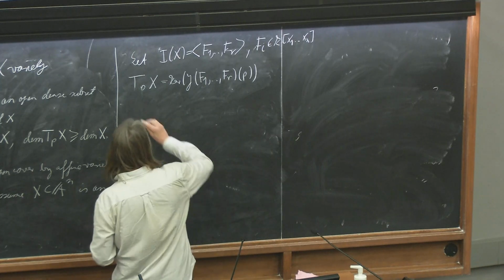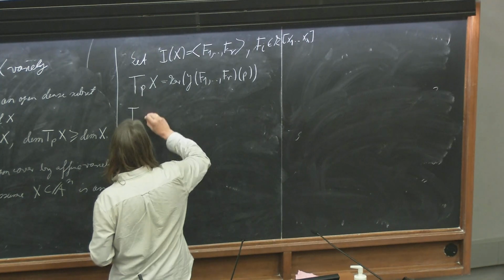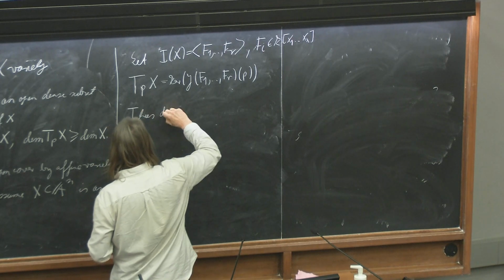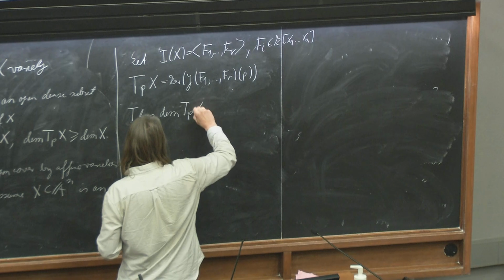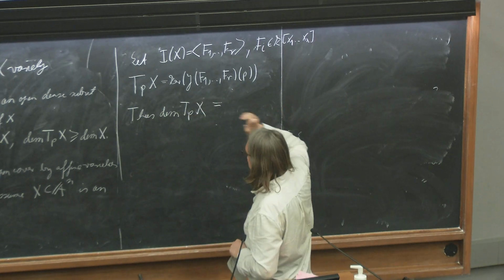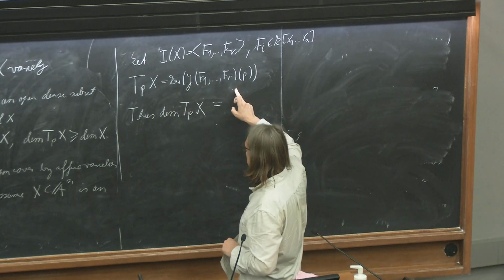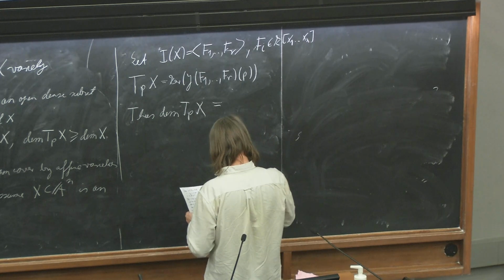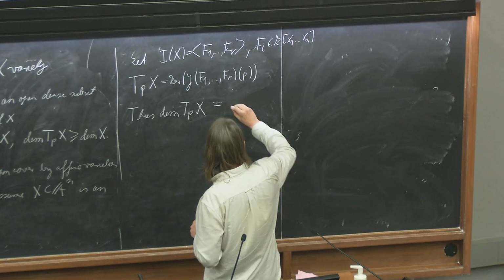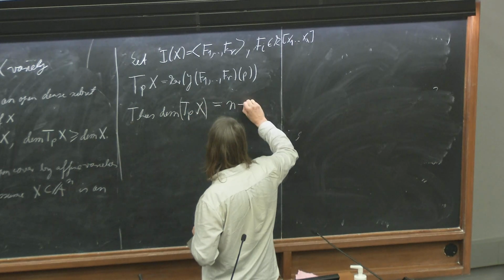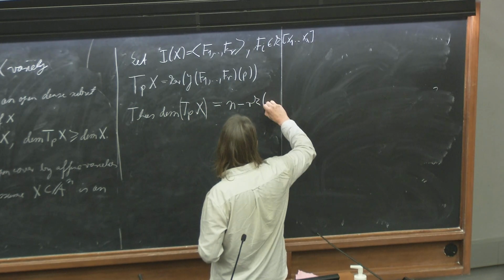So the dimension of the tangent space of X at p is equal to the dimension of the space where the map starts, n, minus the rank of this Jacobian.